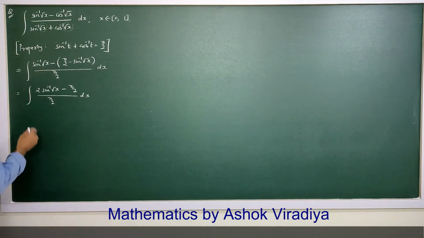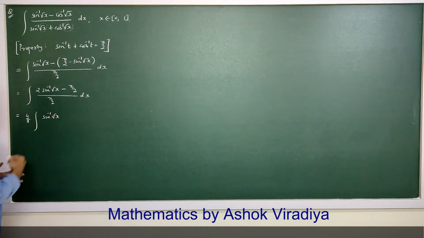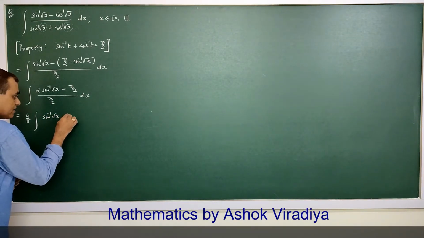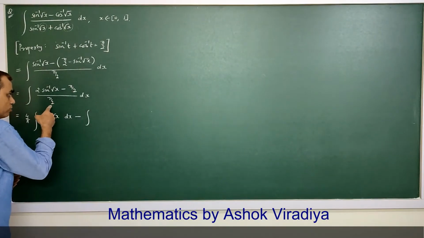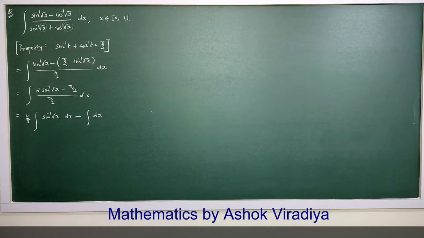So it is equal to 4 by pi, integral of sin inverse root x dx minus pi by 2 times integral of 1 dx.